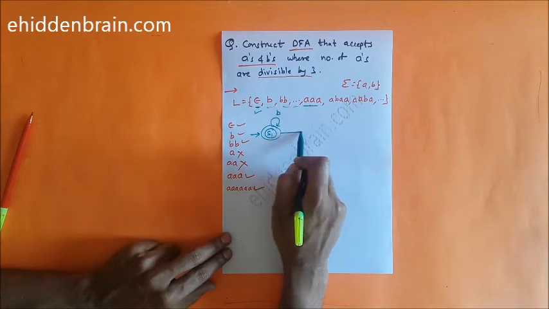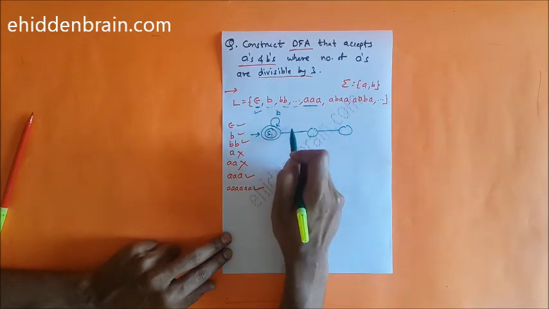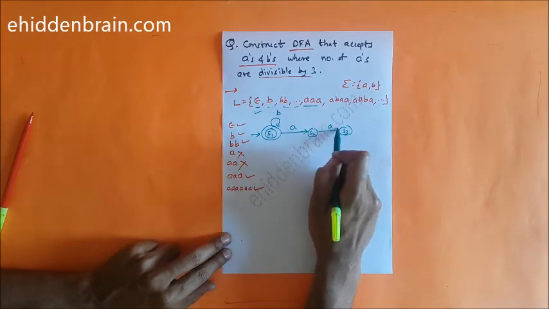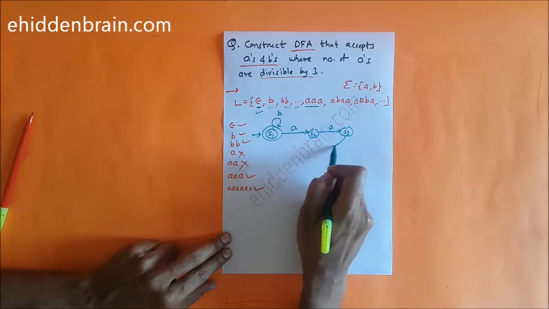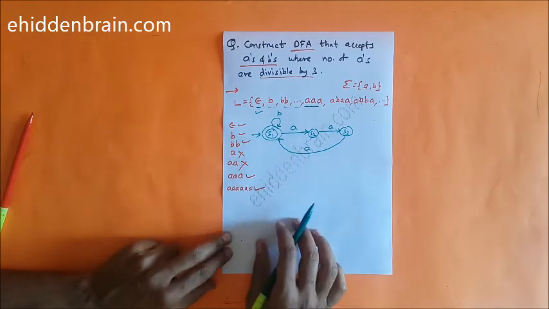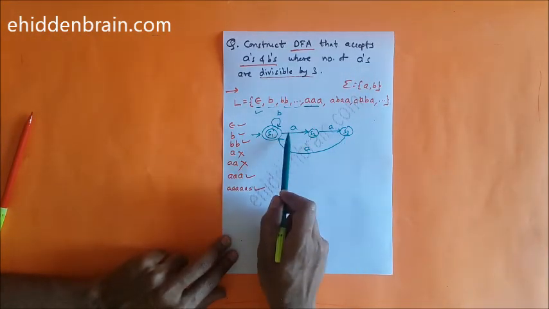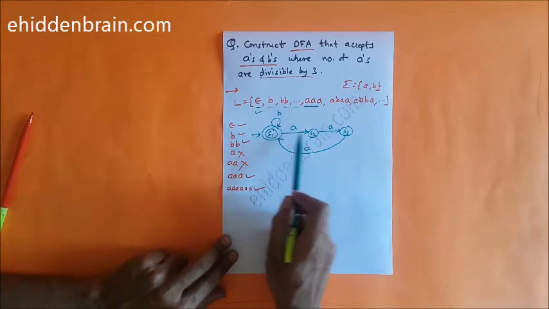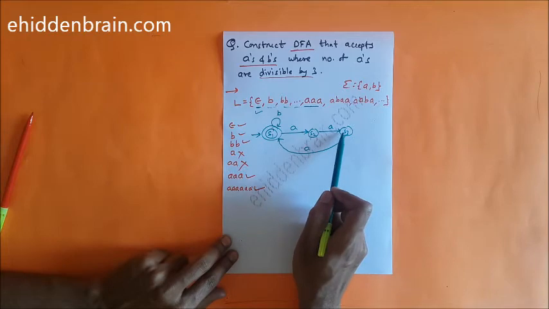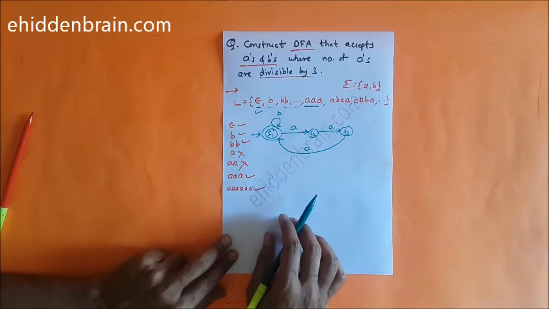So there will be a loop, something like this: S2, S3, and then if I get a third A, I accept it and go back to the first state, because the first state is the final state. Here 1, 2, 3 A's are accepted, 4, 5, 6 A's are accepted, 7, 8, 9 A's are accepted, the 10th A is not accepted, the 11th A is also not accepted, but the 12th A is accepted, right? So this way it is quite correct.